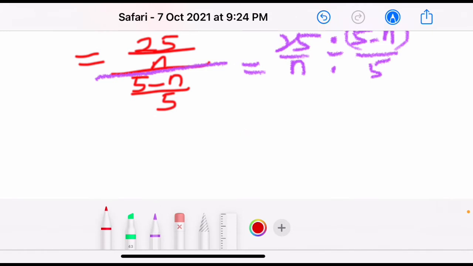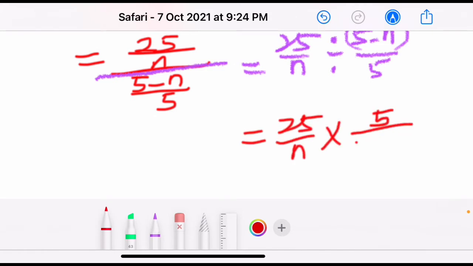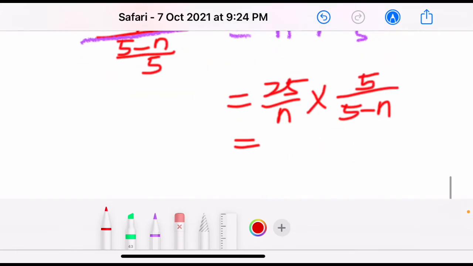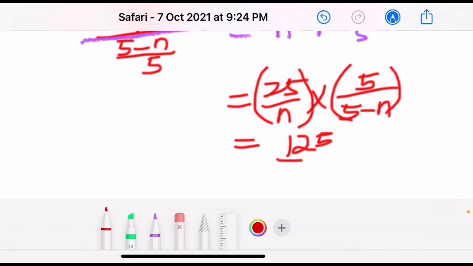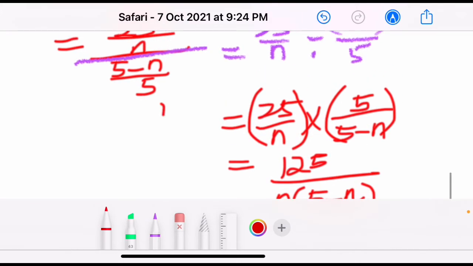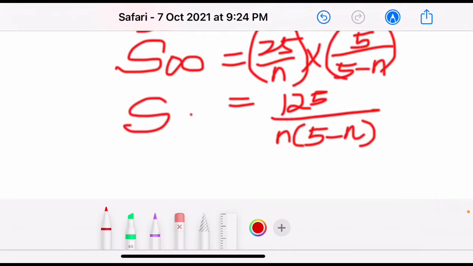That's how we simplify the fraction. We can't simplify further, we can only multiply: 5 times 25, 125, over n minus 5n. That is how you solve for sum to infinity, you just apply the formula.